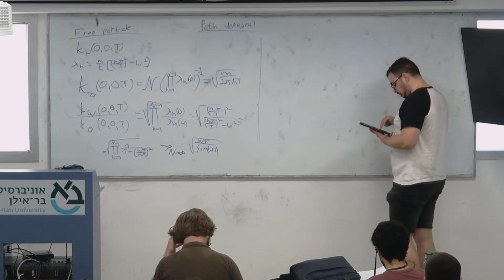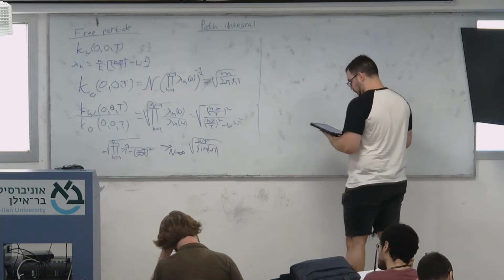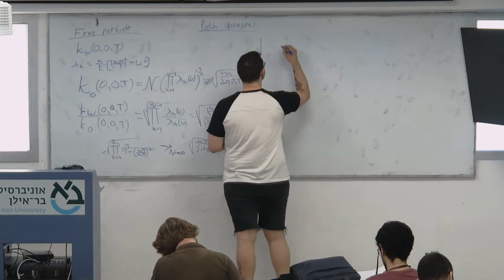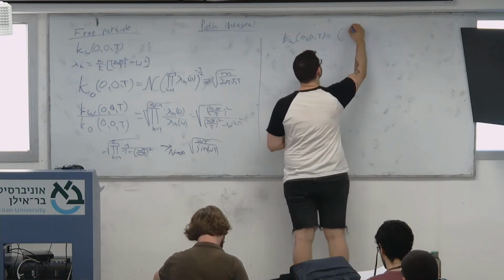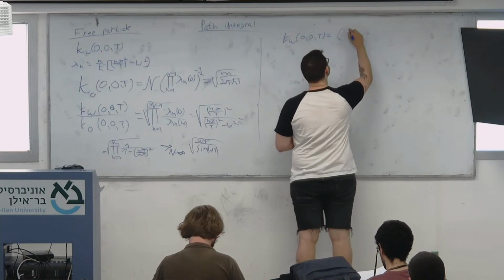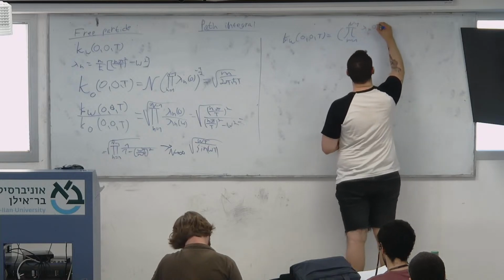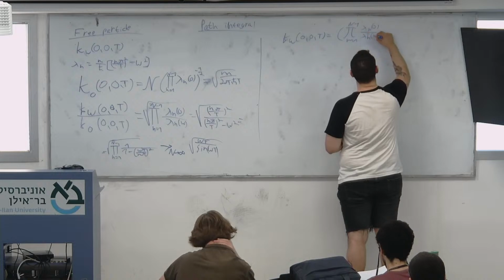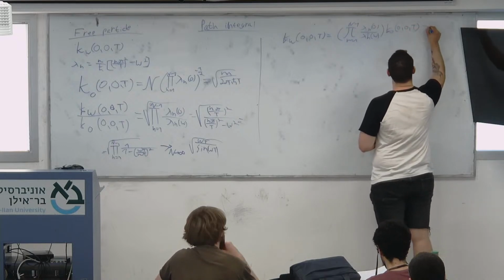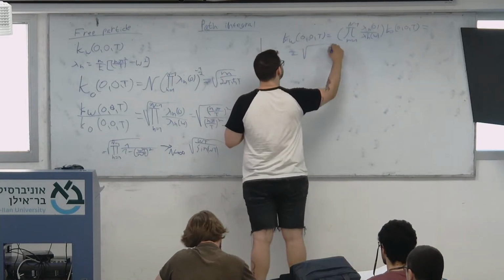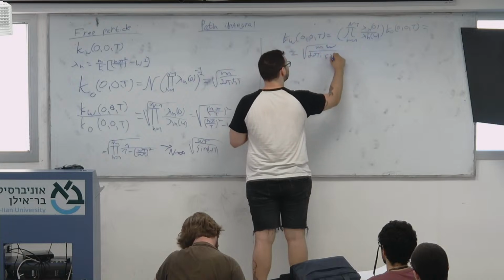Just be equal to square root of omega divided by 2 pi I c.